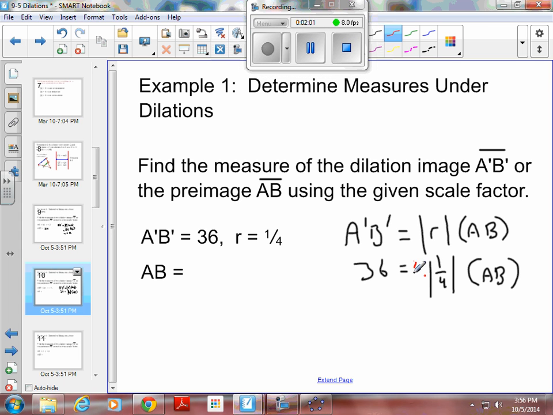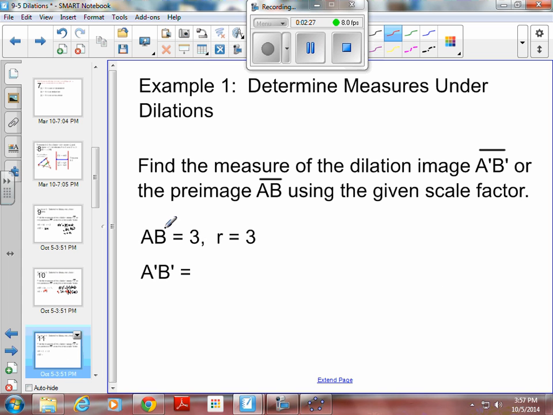So I'm going to multiply this side by 4, and I'll multiply this side by 4. 1/4 of 4 is 1, so this cancels. I take 4 times 36, and 4 times 36 is 144, so my final answer is going to be 144, and that's what's going to be equal to the distance from A to B.